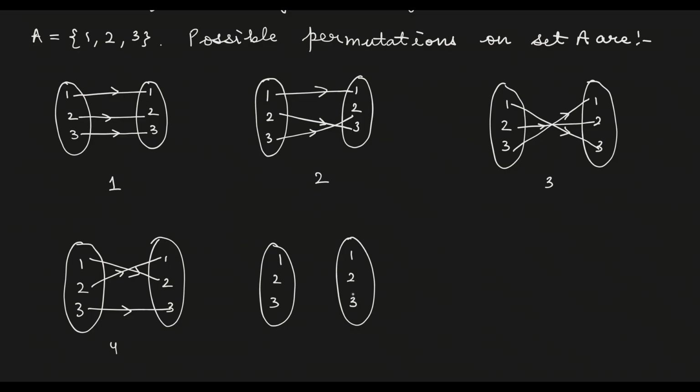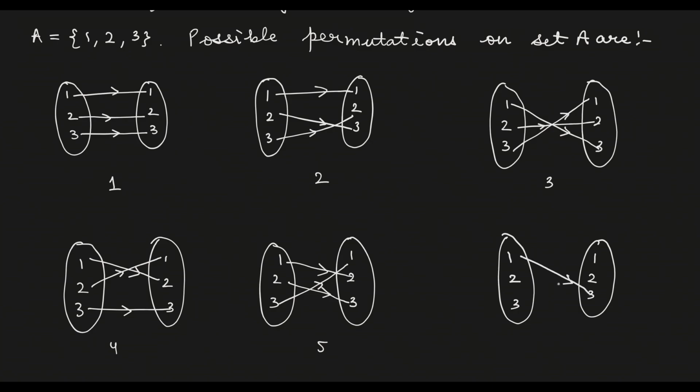Fifth possibility, 1 is mapped to 2, 2 is mapped to 3 and 3 is mapped to 1. Sixth possibility, 1 is mapped to 3, 2 is mapped to 1 and 3 is mapped to 2.